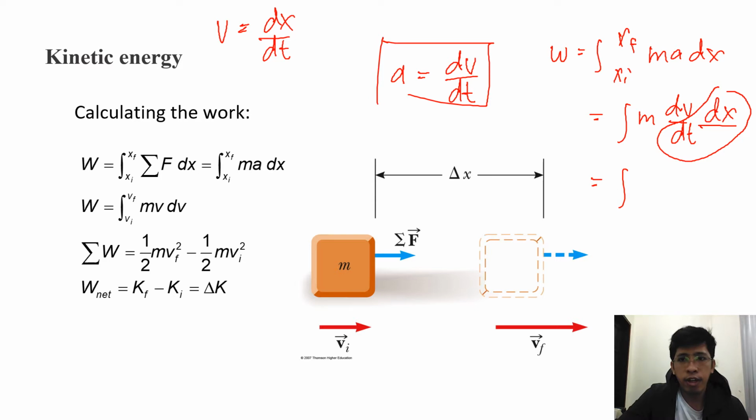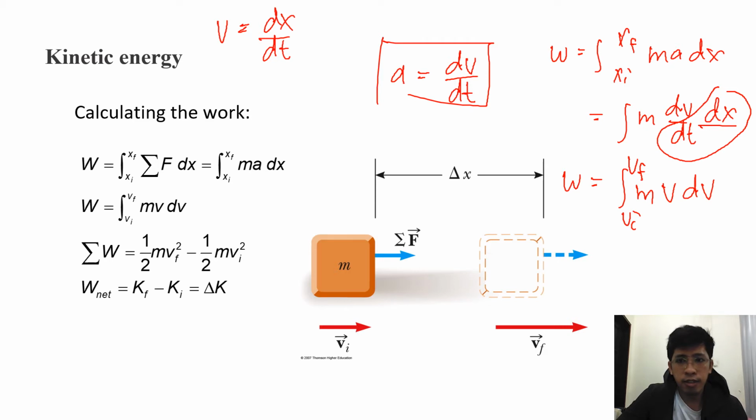So you have m v dv. This time we change the integration limits, now from the initial velocity vi to the final velocity vf. So this is the work done for this moving block of mass m.